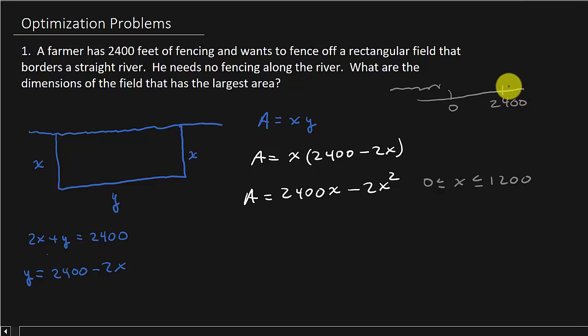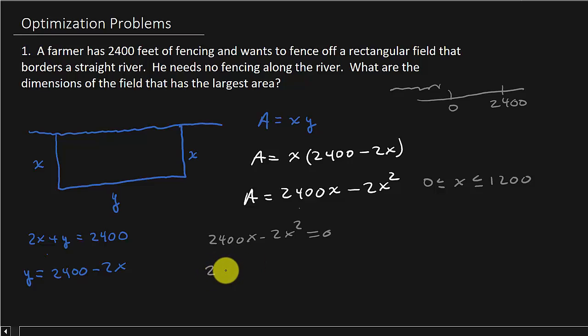And if I'm more than 1,200, well, that would give me 0. See, if I set this equal to 0, look at it real quick: 2,400x minus 2x squared equals 0.